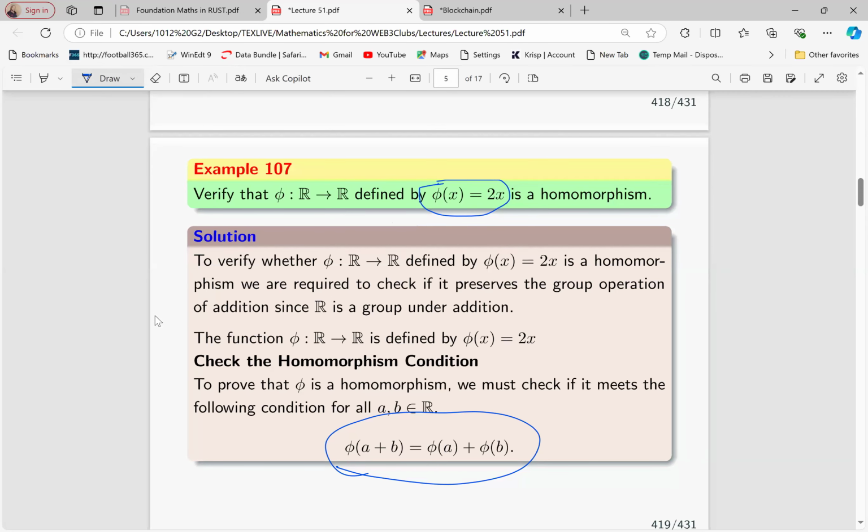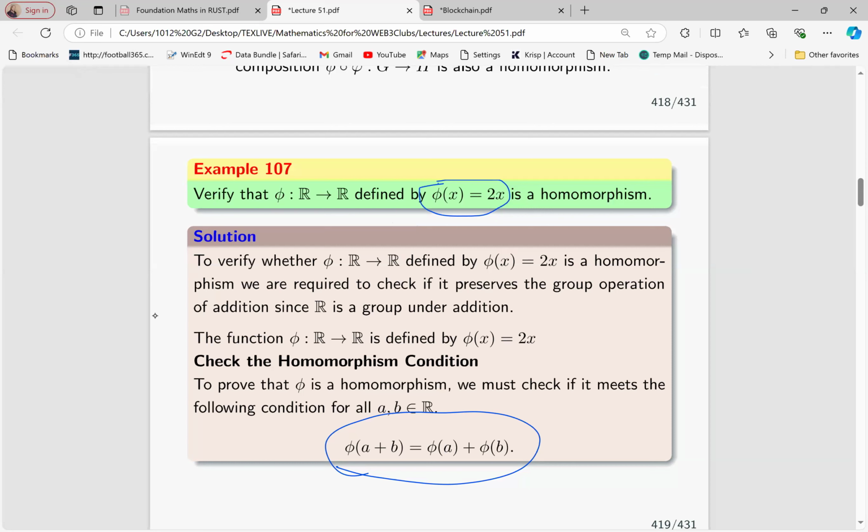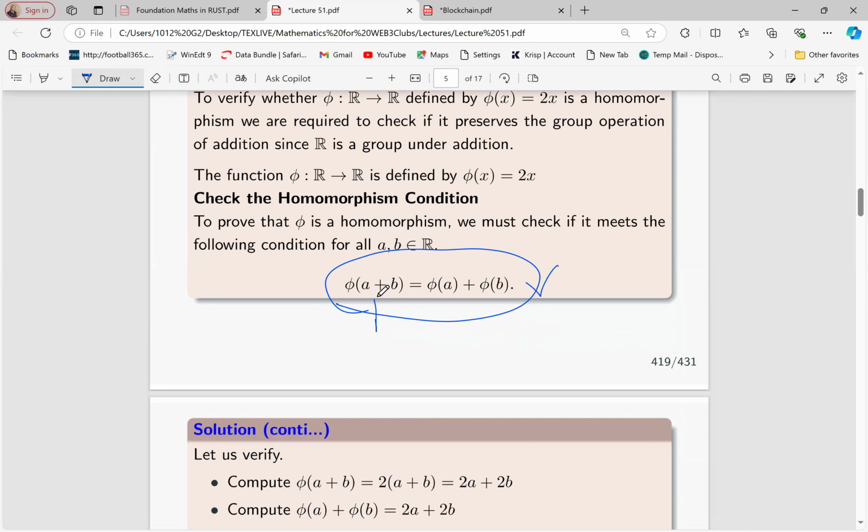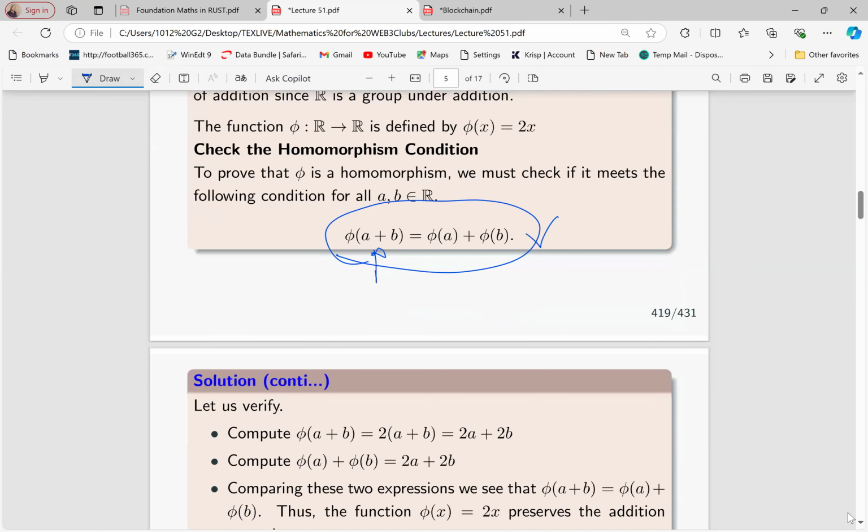Our definition says that if you have 2 elements and apply phi to them, then you get this result. So for us to verify, we shall compute the left-hand side and then compute the right-hand side and see if the right-hand side equals the left-hand side.